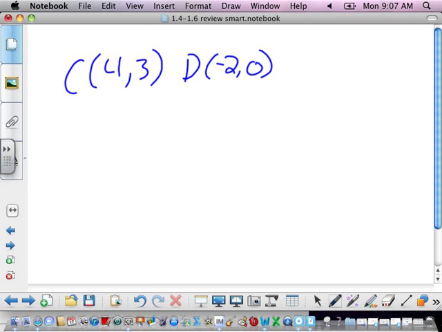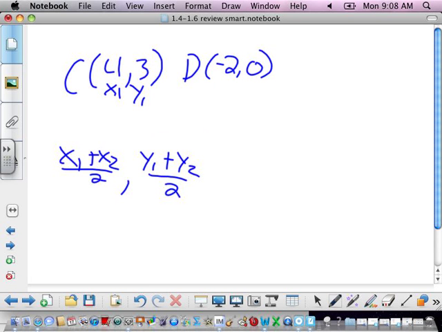Anybody remember what the midpoint formula is? X1 plus X2 divided by 2, comma, Y1 plus Y2 divided by 2. Yep. Remember, we're going to label them X1, Y1, X2, Y2.